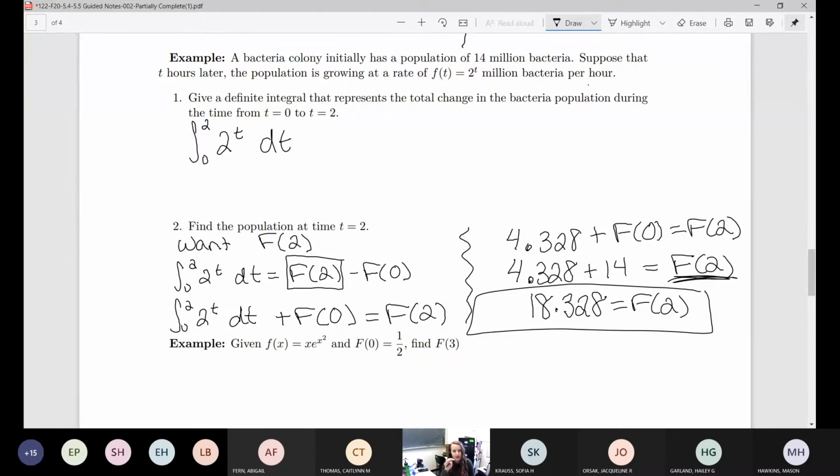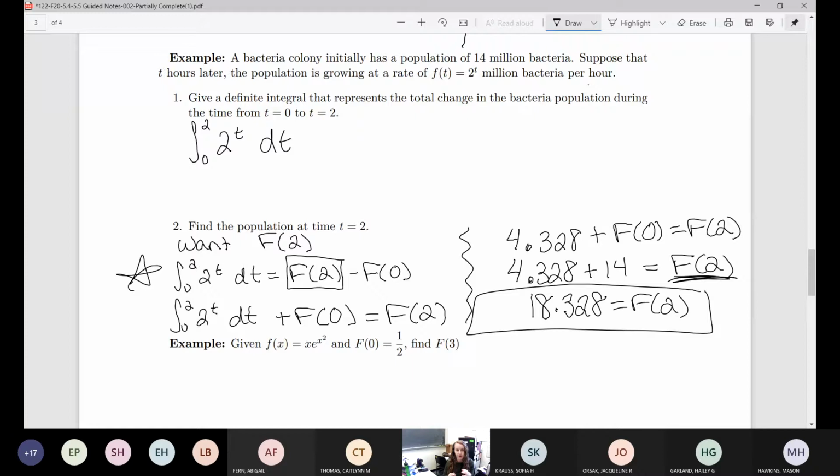But then if we want to find the population at 2, which would technically be the antiderivative of the rate of population growth, well, if we set it up in terms of the fundamental theorem of calculus, the bounds of the integral you set up have to include the number that you know the value for and the number that you want the value for.